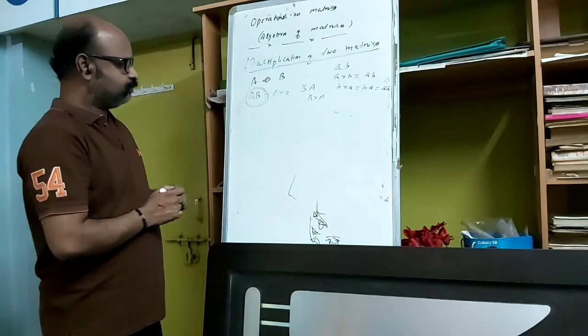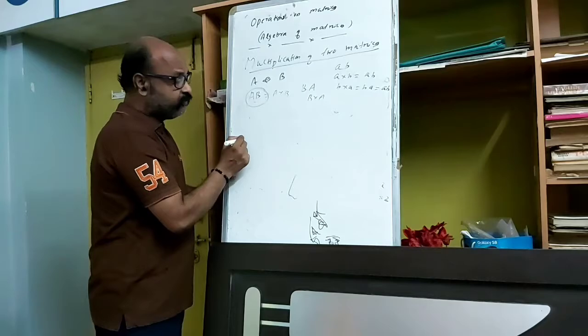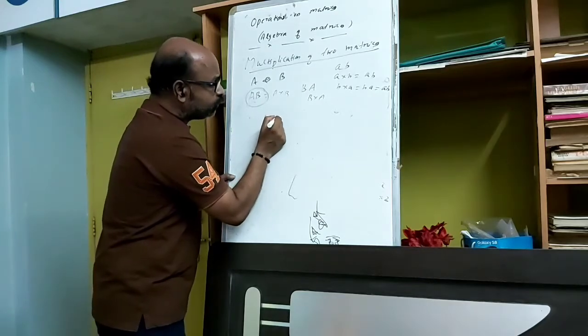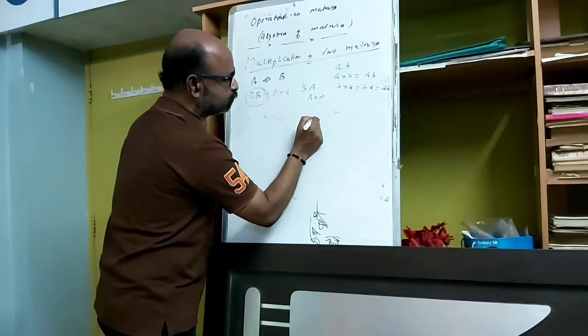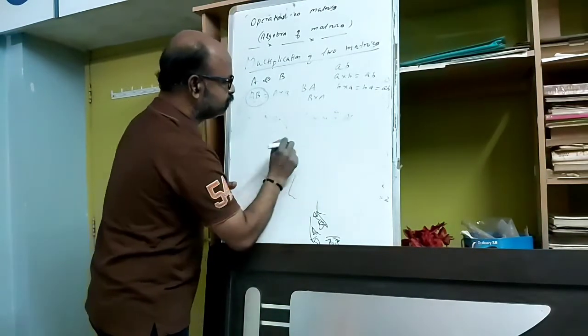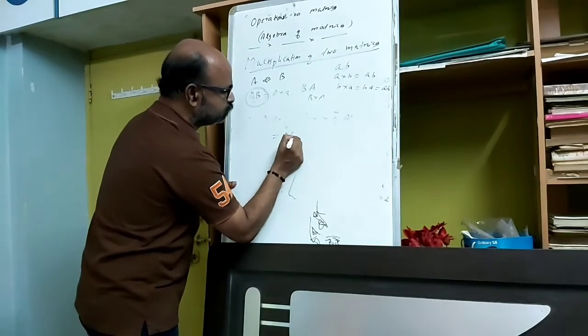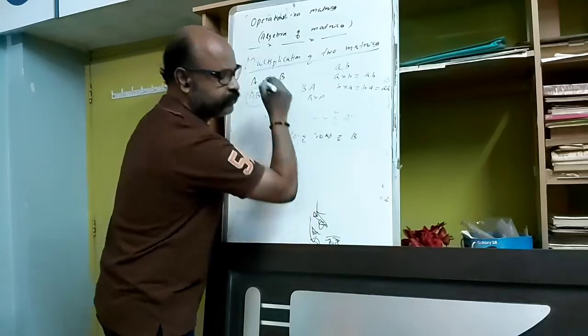So remember, the product AB is possible only when the number of columns of A is equal to the number of rows of B.